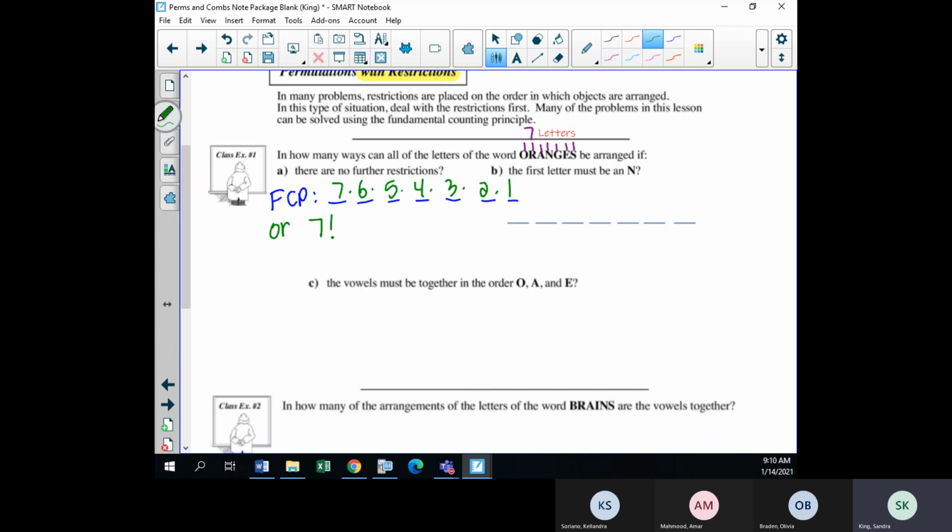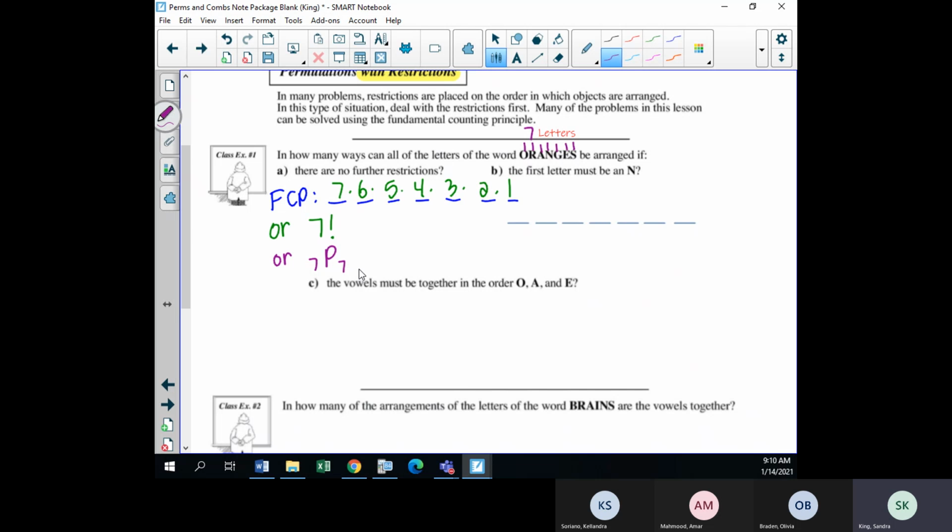So 7 factorial, or writing it as a permutation, it would be 7 permute 7, right? That is the other way because we had 7 total objects and 7 stages. This is how you would write it when you start at the total number of objects and go down to 1.